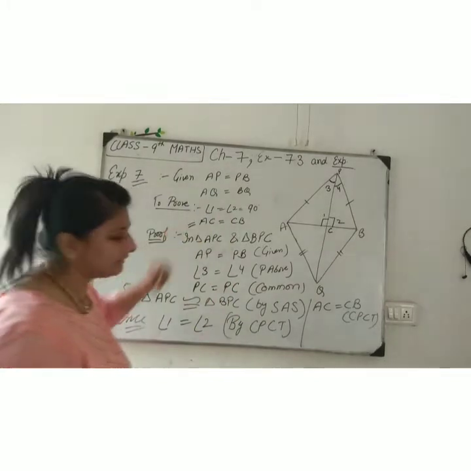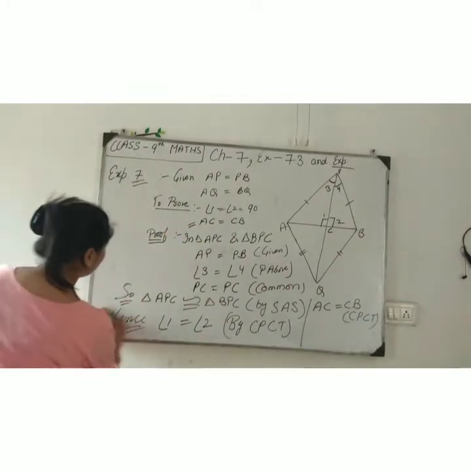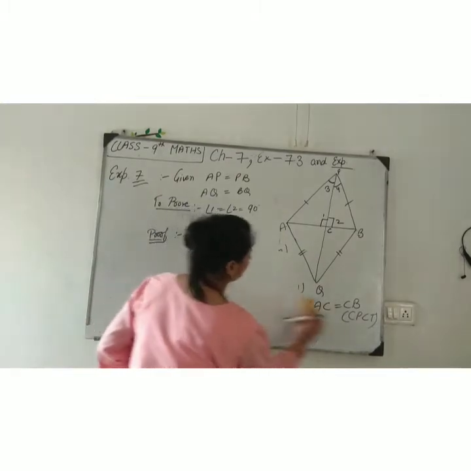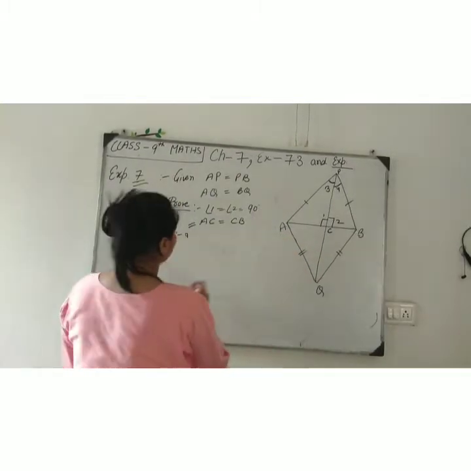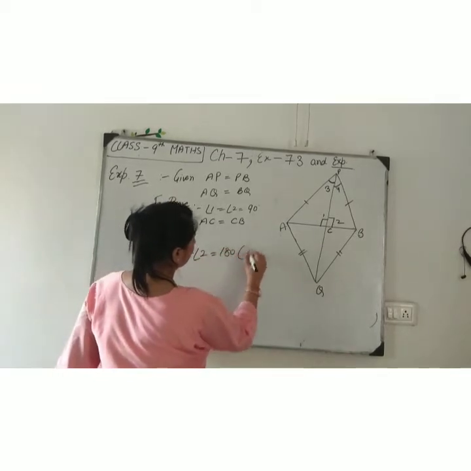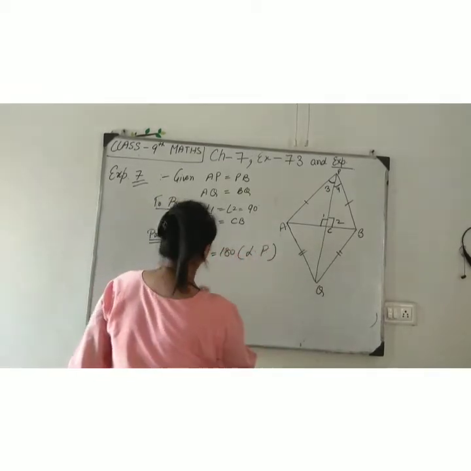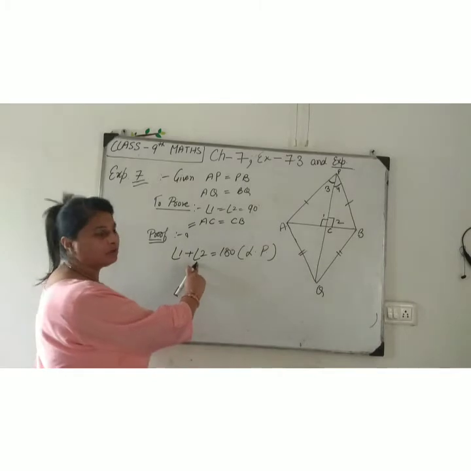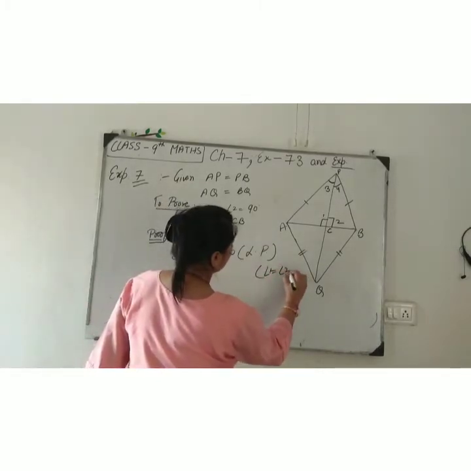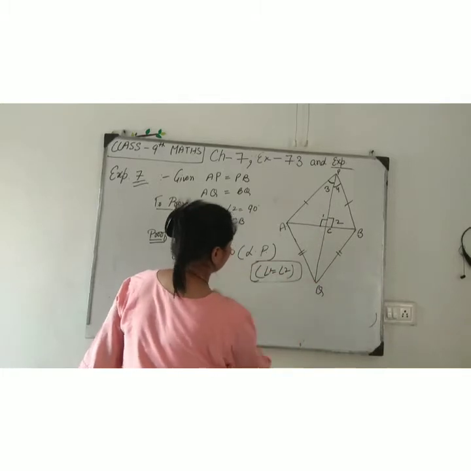Now, one thing is left. I have to prove here that angle 1 equal to angle 2 equal to 90. Now, how to prove? Angle 1 plus angle 2 equal to 180 degrees. Reason: linear pair. I already proved that angle 1 equal to angle 2 in the previous part.